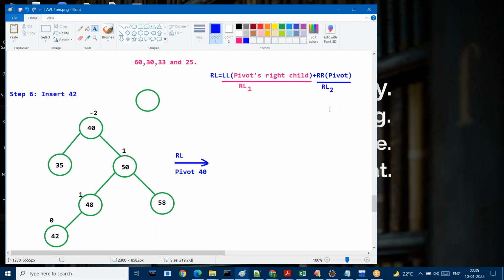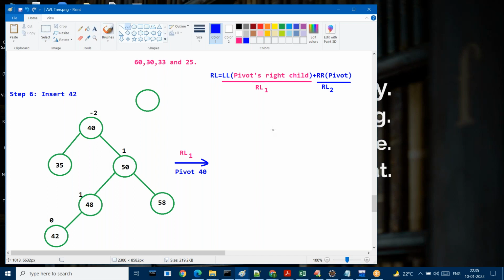Let's first perform the RL rotation. RL1 first. So if we perform RL1 first, let me write here RL1. Simple, sir. Pivot's right child. Who is pivot's right child, students?